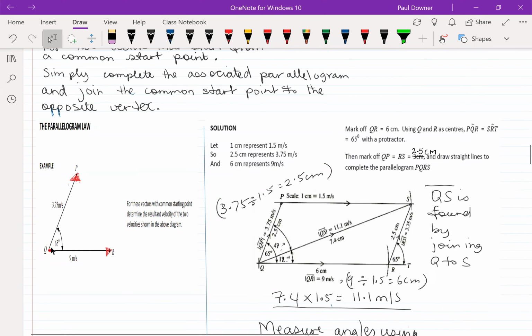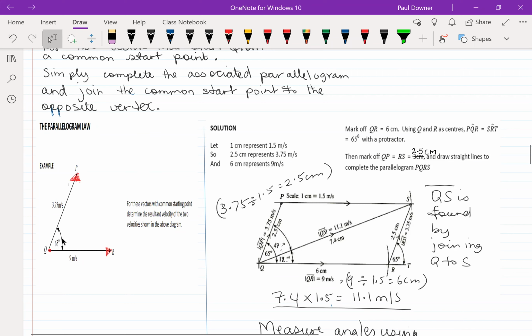How do we use the parallelogram law? Well, the first thing we need to do is to complete the associated parallelogram. That means to say, if we are seeing 65 degrees here, we have to come up with the other side of this parallelogram, which would be coming up here and then going across here, right?